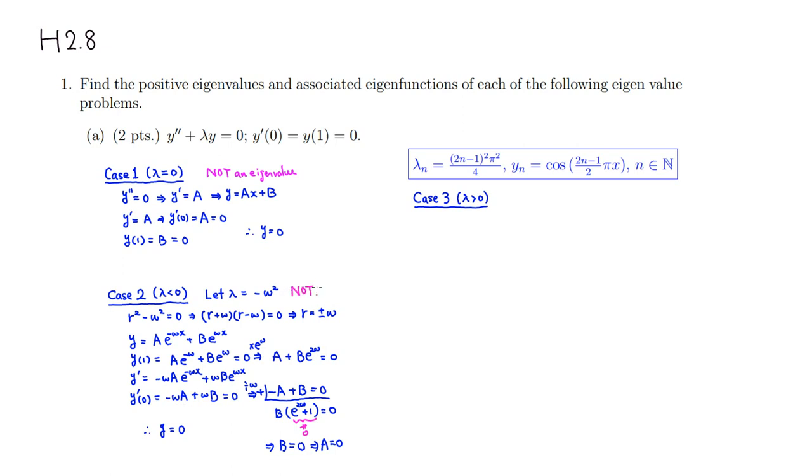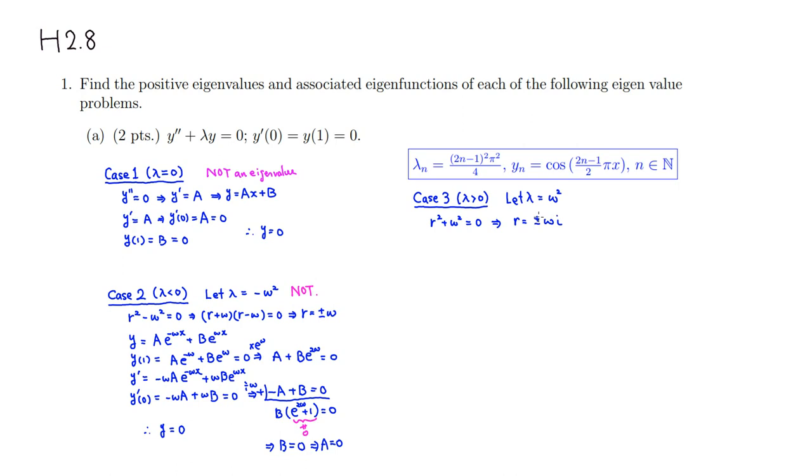We're left with the third case, so let's look for a positive eigenvalue. Since it's positive, I'm going to let lambda be omega squared. The characteristic equation would be r squared plus omega squared equals 0, so r is plus or minus omega i.